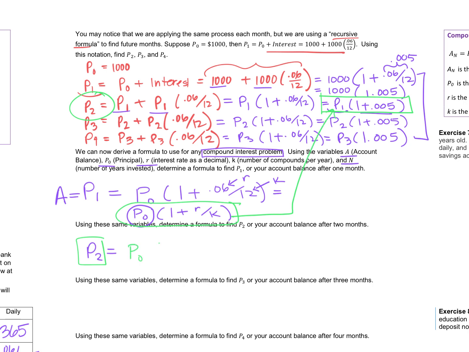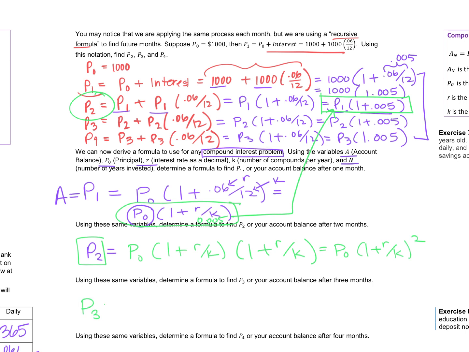So it's P naught with a 1 plus that 0.005 or R over K, but then we have another one, because this is 0.005, and so you can see that replacement. And so really we're going to get 2 of those when we're at the second month.